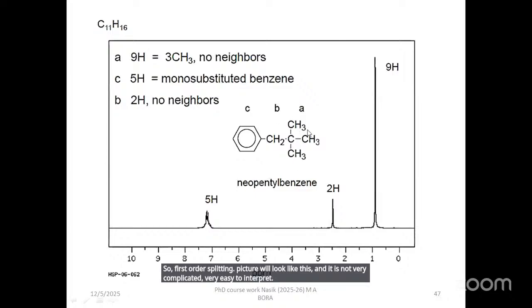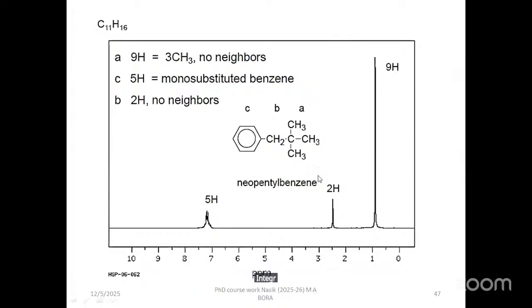Another example is there, the 9 hydrogens which are equivalent. See the height is very high, intensity is very high, integration will be of 9 hydrogens. Then you have a CH2 which is next to the aromatic ring, deshielded. So you can see here these 5 protons, aromatic protons, monosubstituted benzene ring, 5 protons will not have the same chemical shift, but very close chemical shifts.